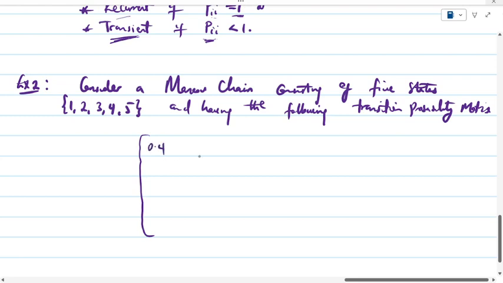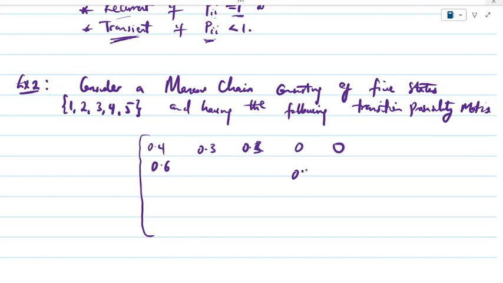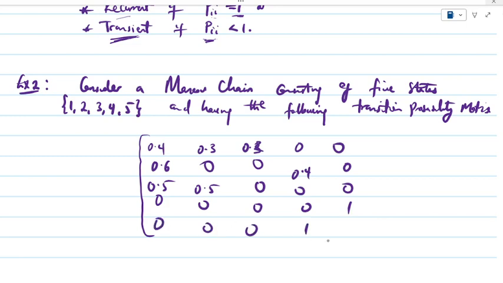So you have 0.4, 0.3, 0.2, 0.3, 0, 0, 0, 0, then 0.6, 0.4, 0, 0, 0, then 0.5, 0.5, 0, 0, 0, then 0, 0, 0, 0, 1, and 0, 0, 0, 1, 0. These are the transition matrix.